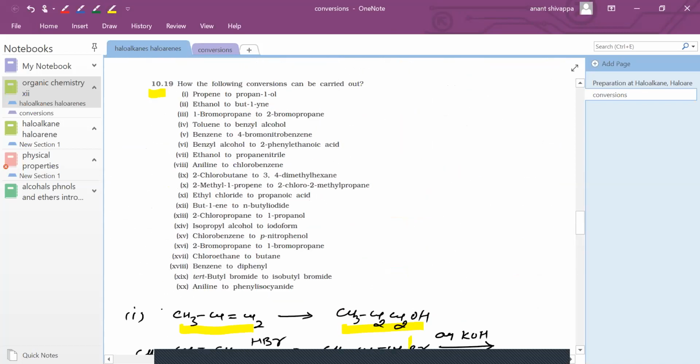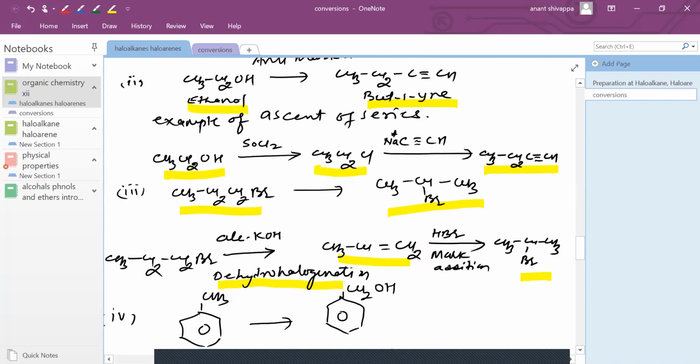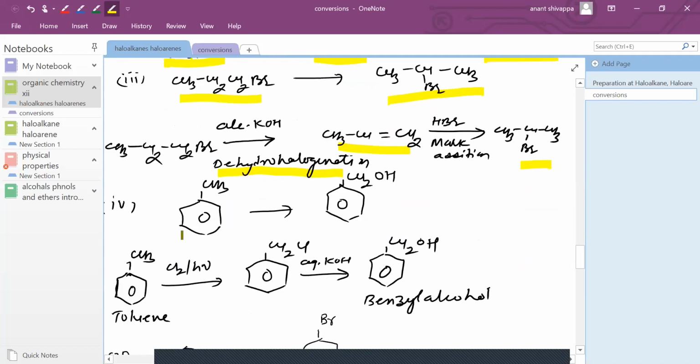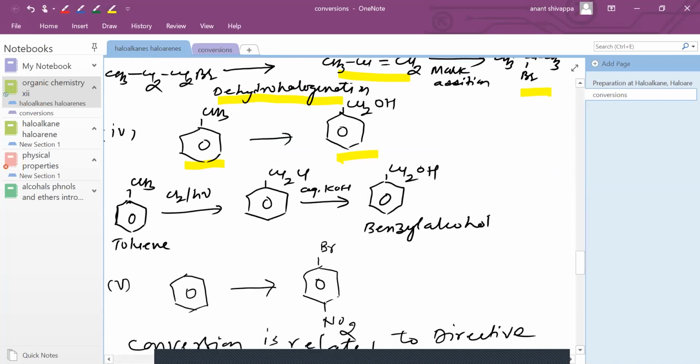Then the next, fourth question is toluene to benzyl alcohol. This is toluene and this one is benzyl alcohol. And you see the ring is not affected in the conversion, but the side chain is affected. And there is one way to deal with the side chain, which is free radical substitution. So first toluene is converted into benzyl chloride, and then benzyl chloride when treated with aqueous KOH, this Cl is replaced by OH.